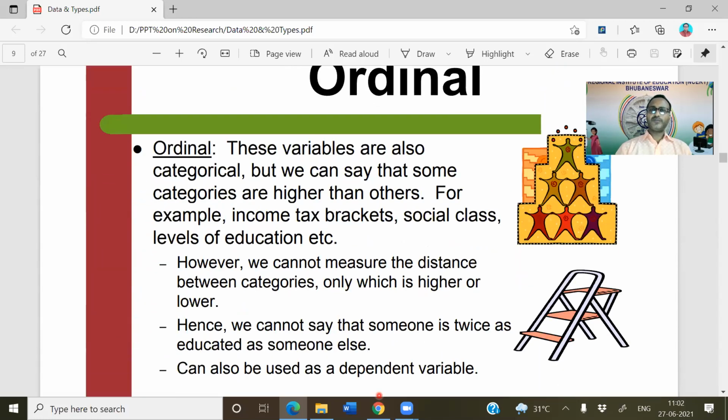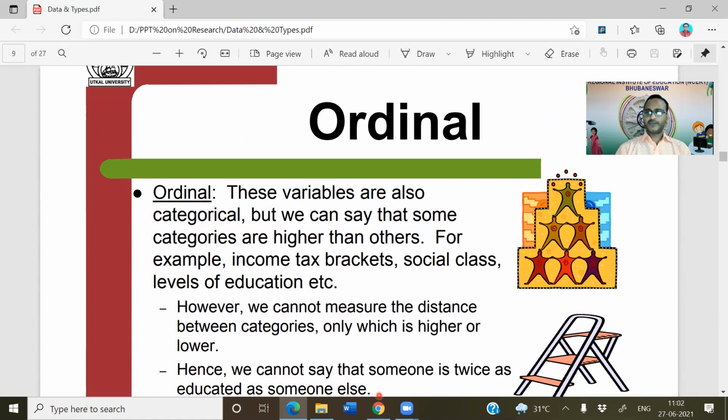And the second order, if you see ordinal, gradually the complexity, gradually the effectiveness of the data will increase. The ordinal data. The name suggests ordinal means something can be ordered. The best example is when any competition is going on.